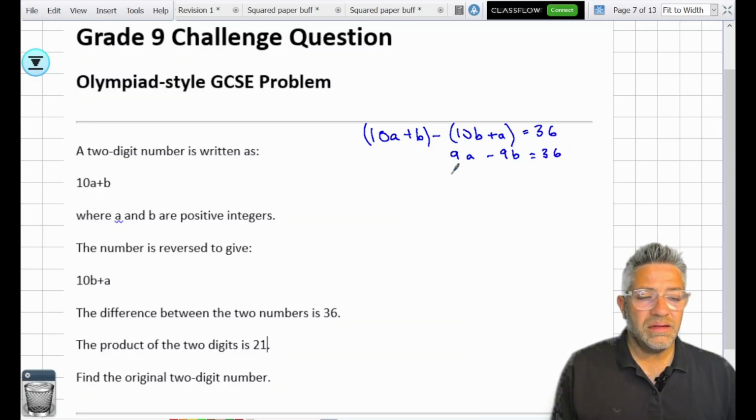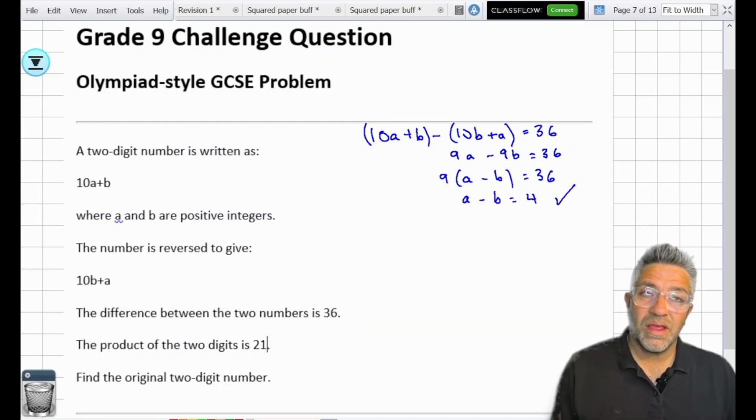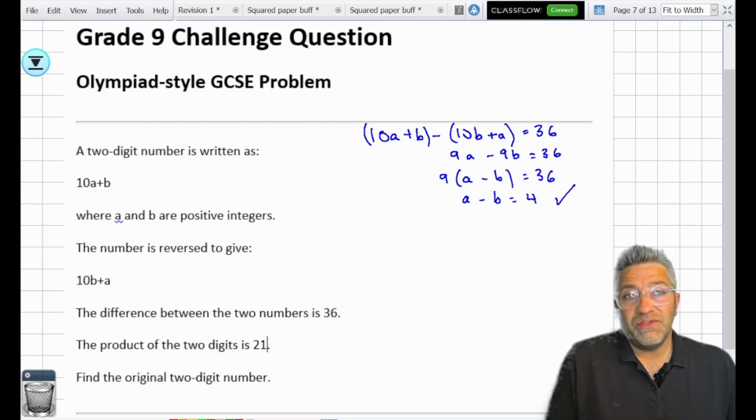And again, I think I can factorise. I like to factorise when I can, because what factorising does, it enables me to divide each side, keep numbers relatively small. So the first thing I've worked out is these two digits, a and b, they have a difference of 4.